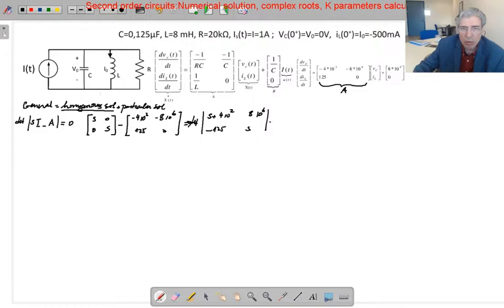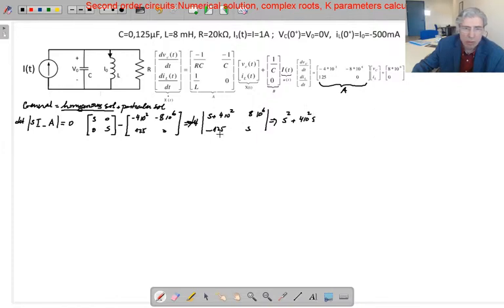What is the determinant of this matrix? Multiplication of these two minus this, isn't it? S times s plus 4 times 10 to the power 2. So we could do directly the multiplication. S square plus 4 times 10 to the power 2 s.